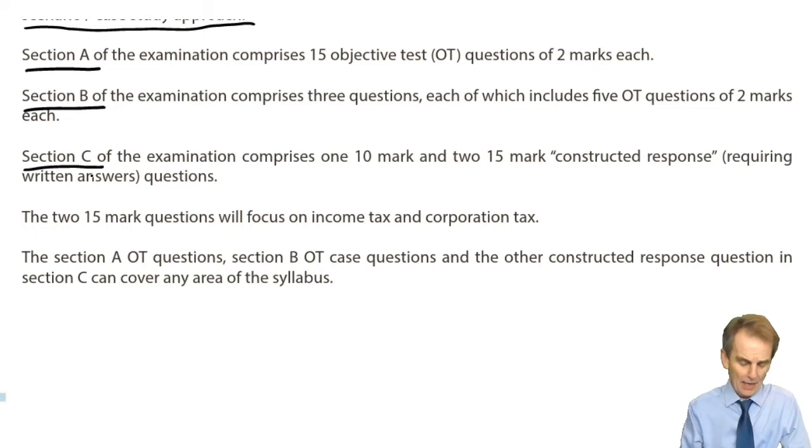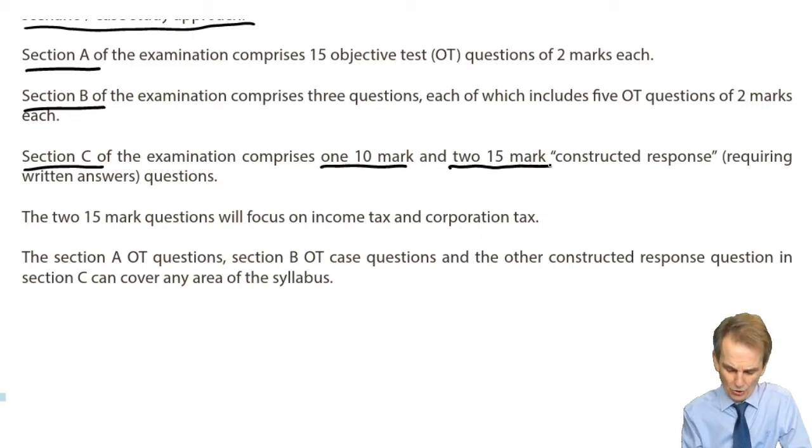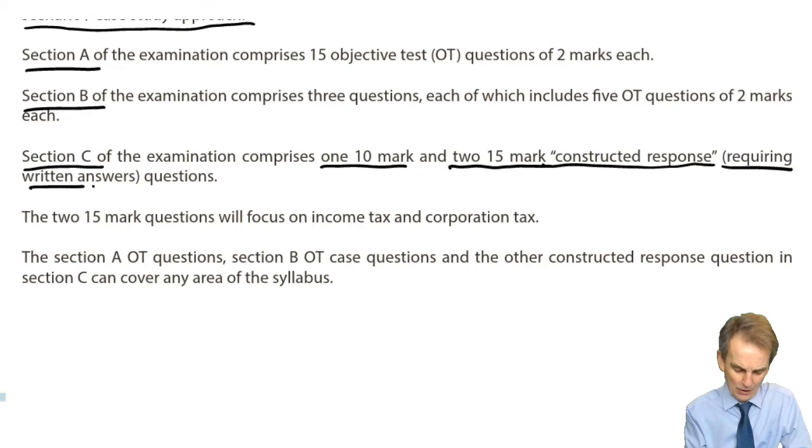Well, to begin with, in Section C, we can be sure of something, and that is that we're going to have, in addition to 1 10-mark question, 2 15-mark constructed response. That's a fancy title. Constructed response, i.e. it requires written answers. Now, when I say written, that doesn't necessarily mean we're talking about a narrative answer.